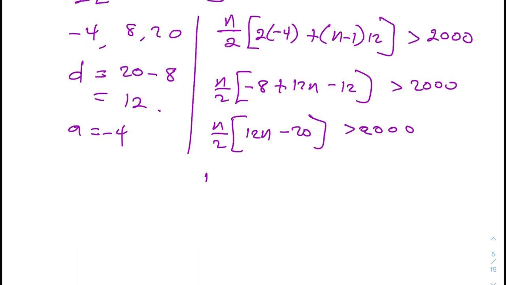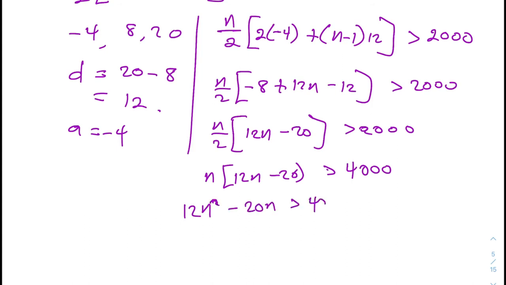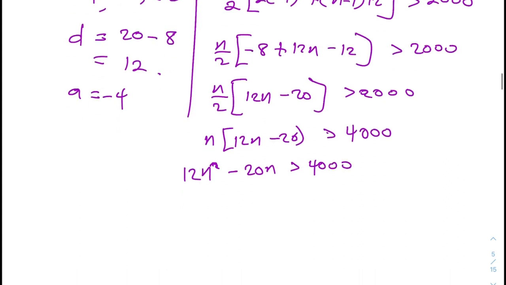All right, so you can multiply by 2. So you have n, then you have 12n minus 20. This will become now 4,000. Then you can expand. So you have 12n squared minus 20n is greater than 4,000.